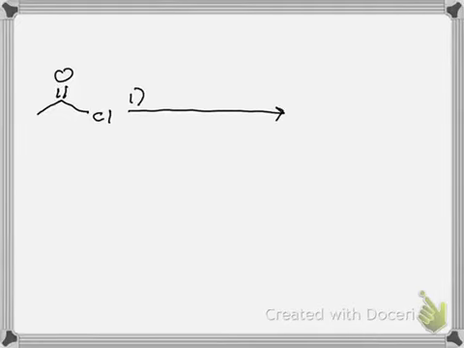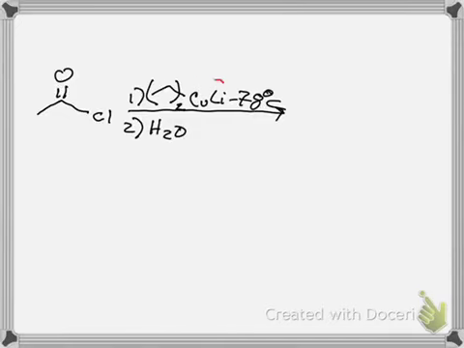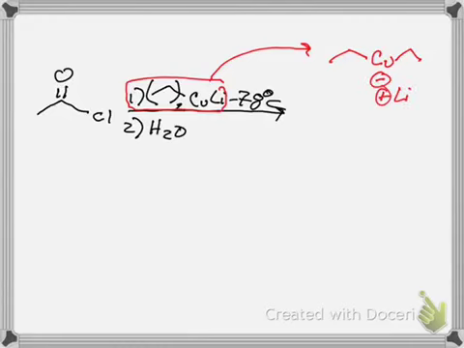Let's say we've got this. Now, let's take a look at that Gilman reagent I have up here at the top after I write in the negative 78 degrees C. Let's take a look at this Gilman reagent right here. The structure for this would look like the following. Okay? That would be the structure of this.